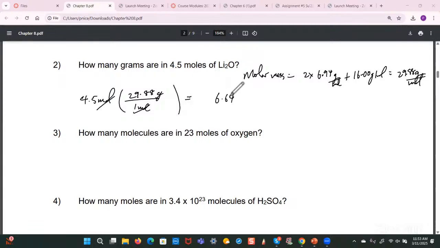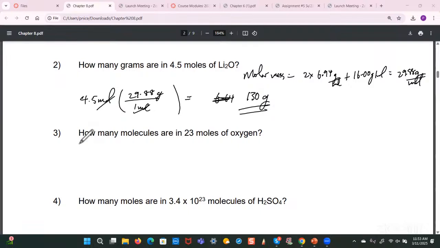Oh, actually, this is not correct. 4.5 times 29.88. That's equal to 130. I don't know where I got that number from. 130 grams, right? That's how that is done.